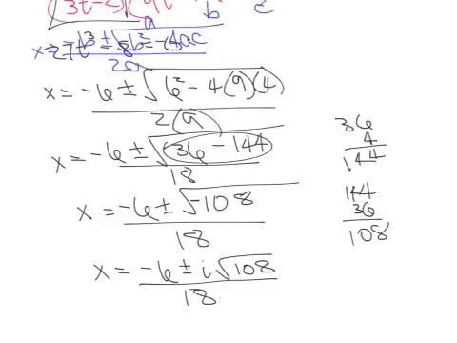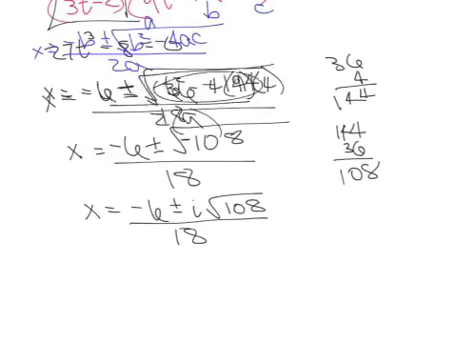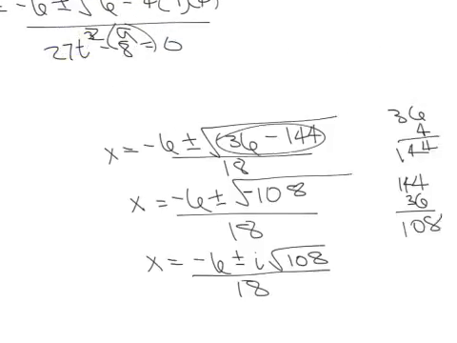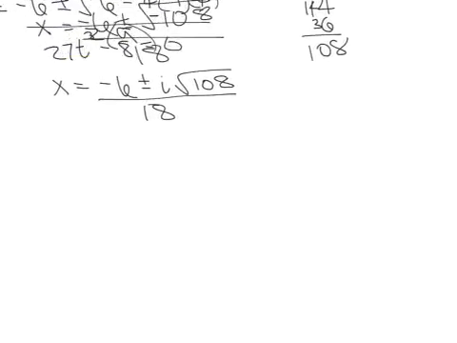Alright, so now remember what we've got to do? We know that because that 108 under the radical sign is even, we're probably going to be able to reduce that. So, oh goodness, 108 reduced is 36 times 3.